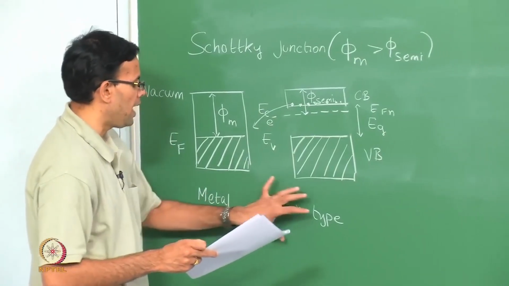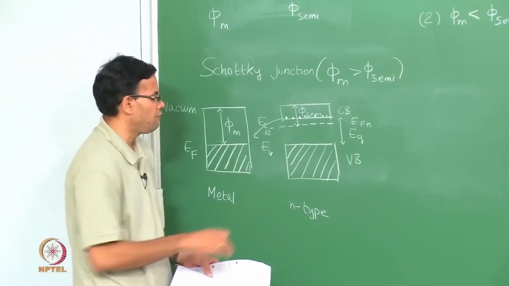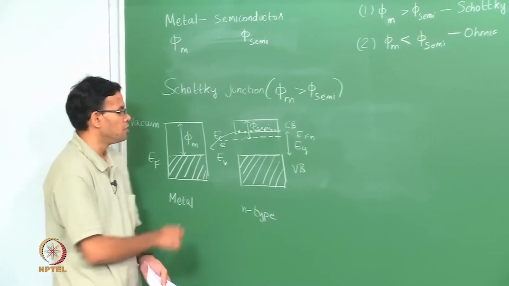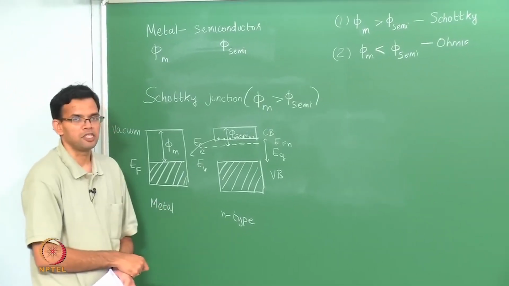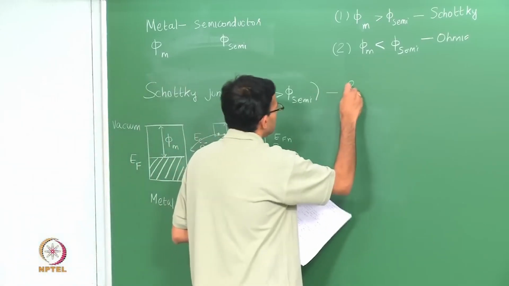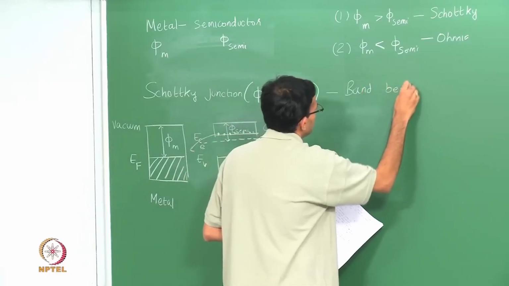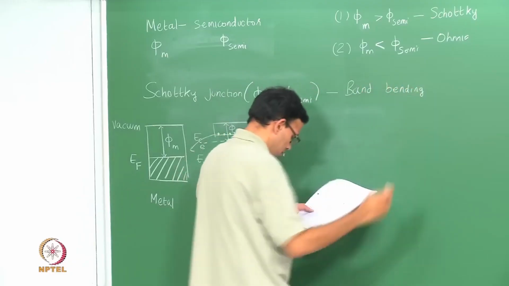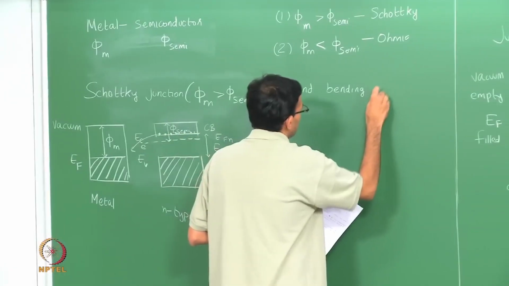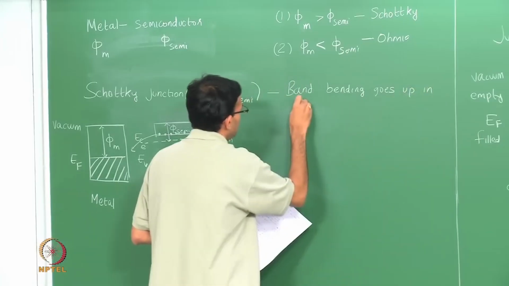So when we draw the band diagram between a metal and a semiconductor, we have to show the bands bending in the semiconductor to explain this contact potential. The rule that is to be followed is that band bending goes up in the direction of the electric field.